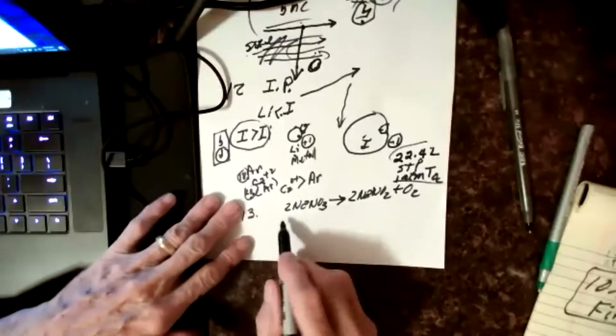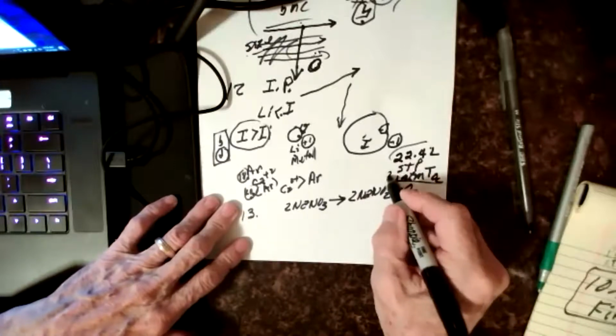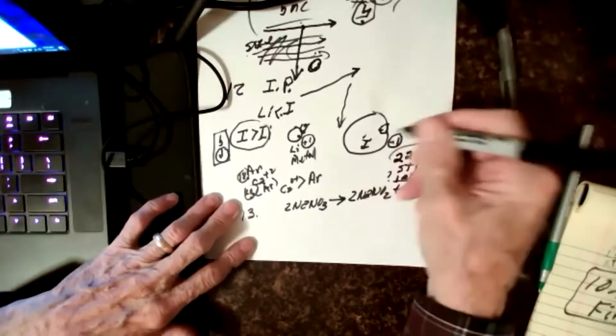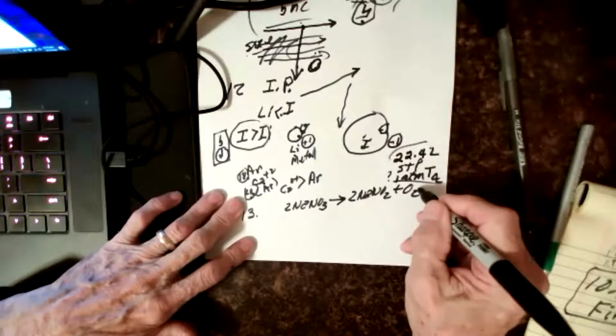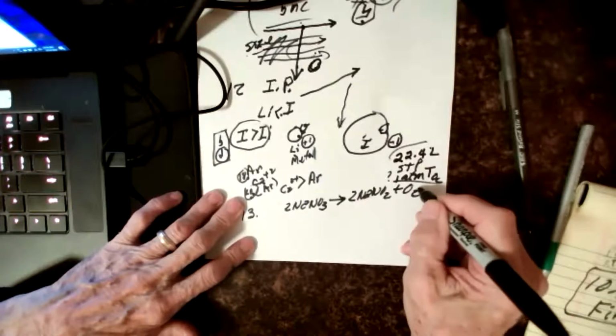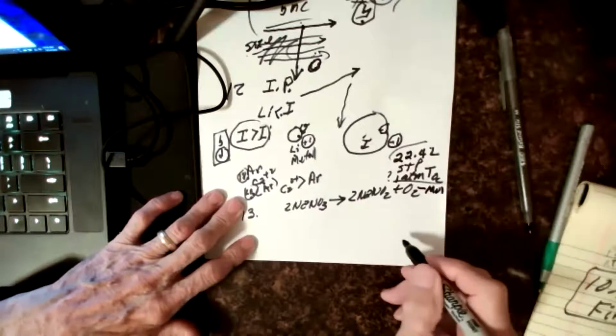All right, so here's our reaction, and we want to know what volume at STP I would get. Anytime I'm dealing with a gas, I'm going to ask first for moles.